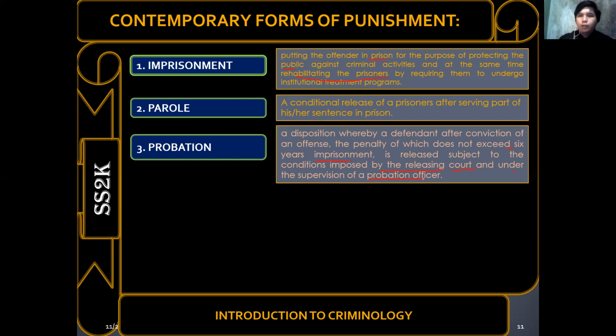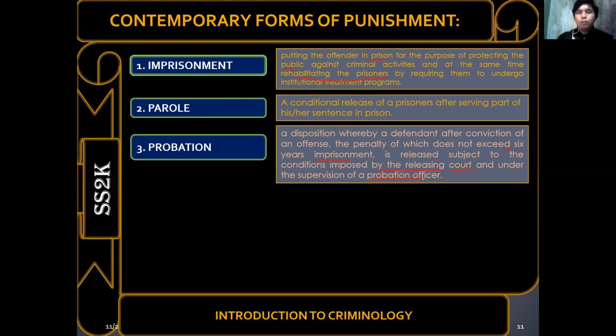So this is just an introductory part na meron palang probation, di ba? Pag ang isang tao ay nahatulan pala, ay pwedeng mag-apply ng probation kung ang penalty niya ay doon sa krimen na kanyang ginawa, hindi po lalagpas sa 6 na taon. No? So pwede po yan.